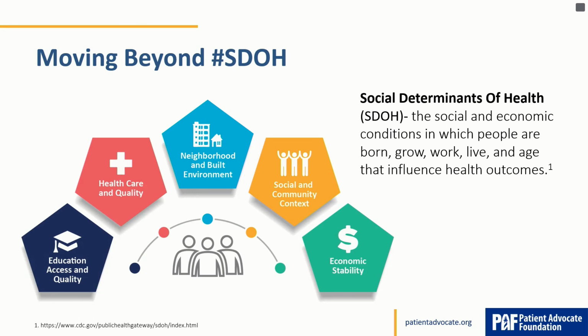Social determinants of health really are the social and economic conditions in which people are born, grow, work, live, and age that influence health outcomes. So you'll see in this graphic: education, healthcare quality, your neighborhood and built environment, your social and community context, and your economic stability. And one thing I want to highlight is these social determinants of health are really shaped by the distribution of power, money, and resources throughout local communities and even nations in the world, right?